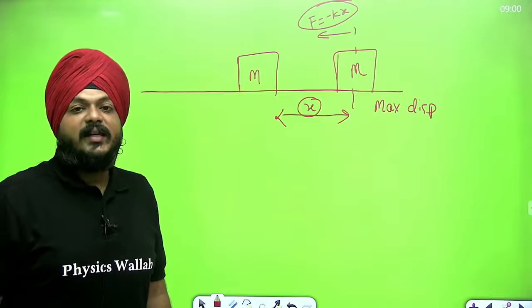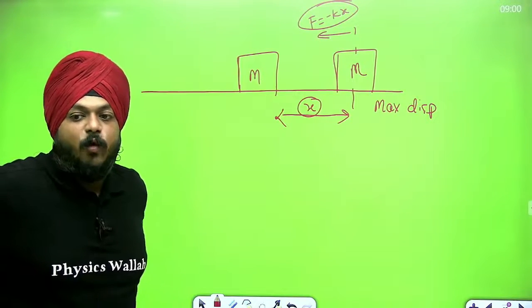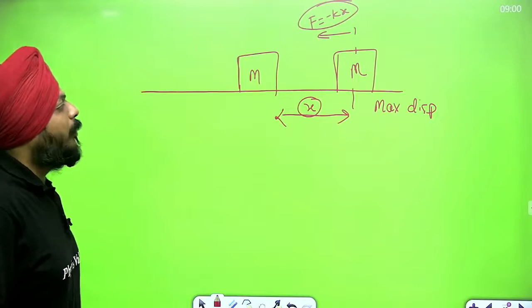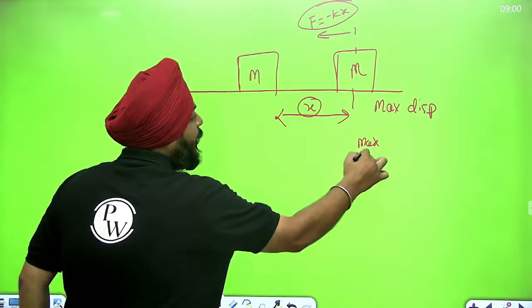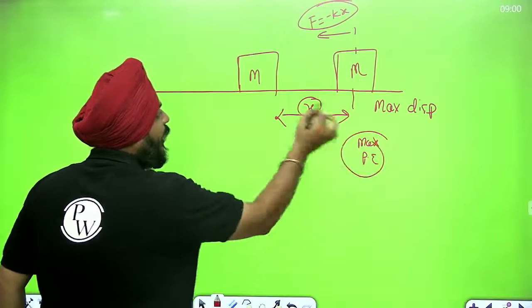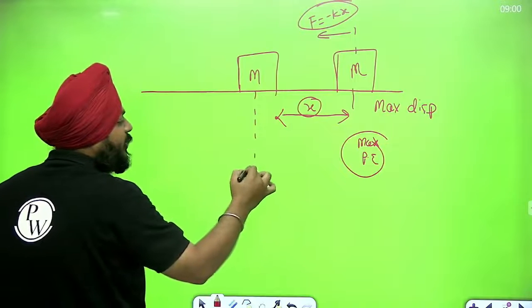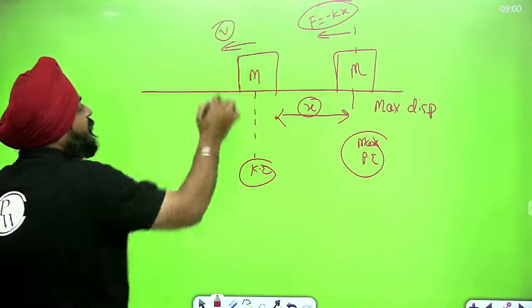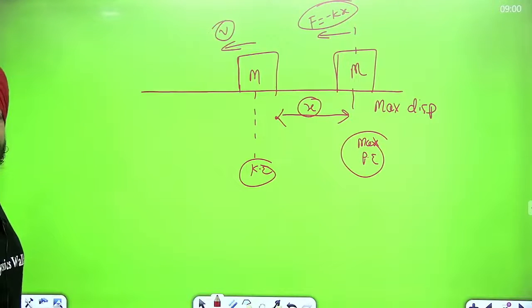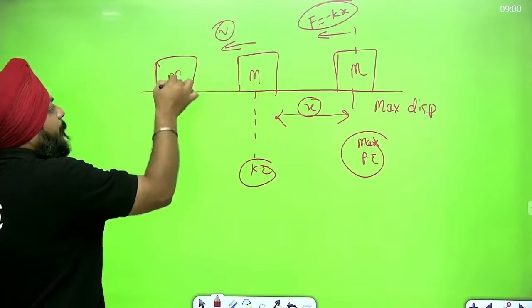So in this case, what happens? Here we have the maximum potential energy. While coming back to its original point, that entire potential energy is converted into kinetic energy, but this time it has the velocity in this direction. So whatever kinetic energy it has is going to convert back.